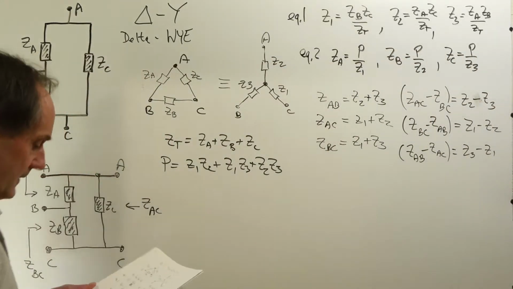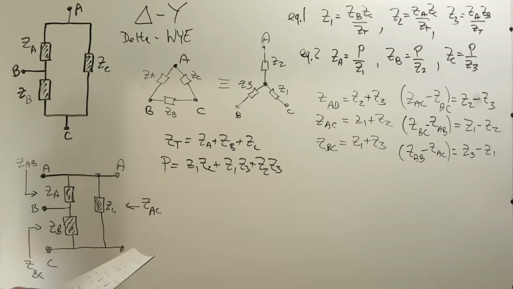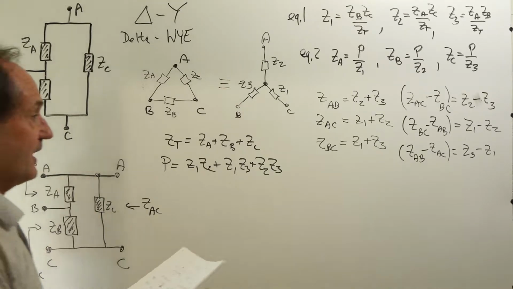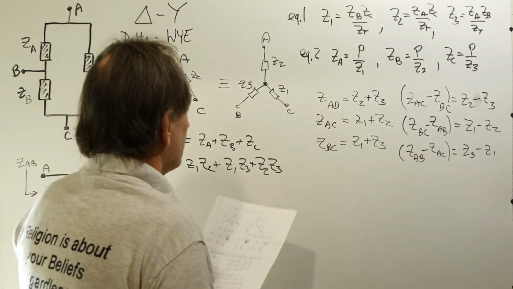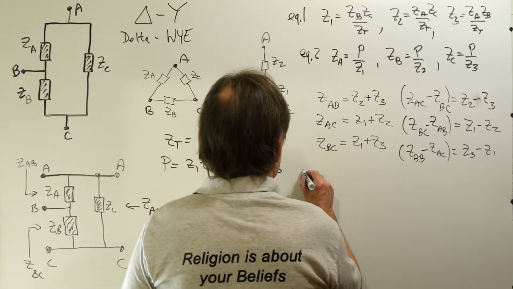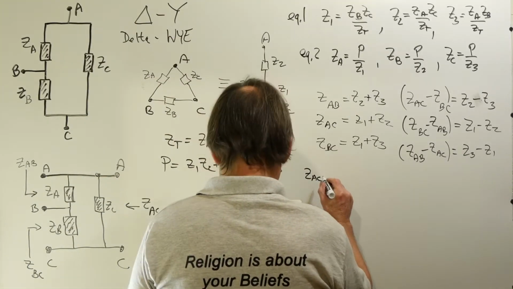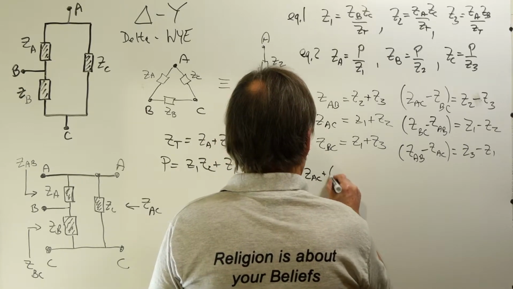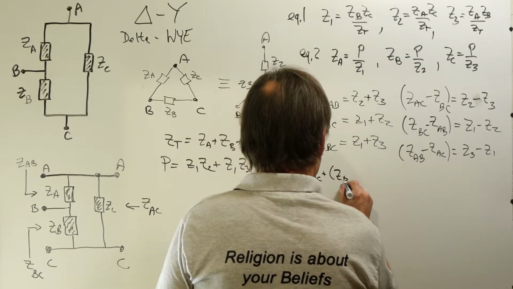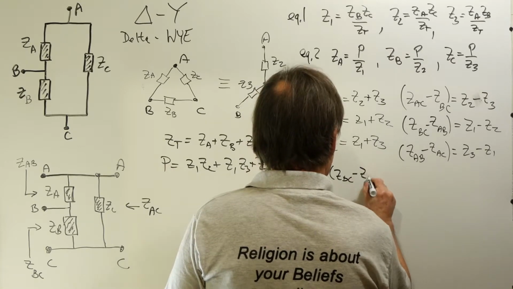Okay, now what we want to do is form the sums. I'm going to add to ZAC the quantity ZBC minus ZAB.